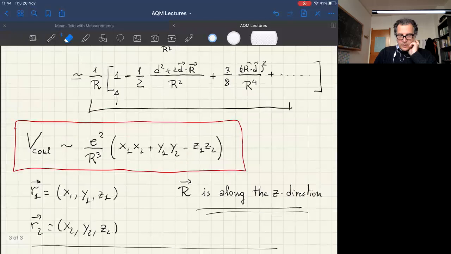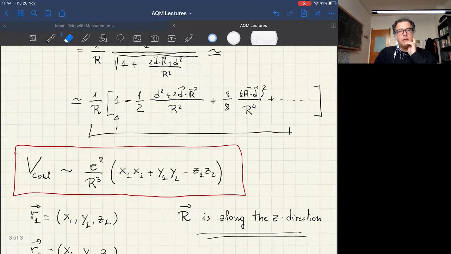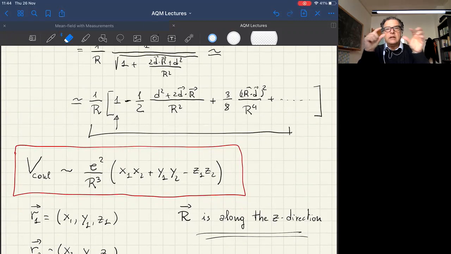Our problem is that we want to study the effective interaction between 2 hydrogen atoms. So here we don't have static charges. It's not that the electron is in a given position. But you know something else. You know that each electron is localized around the nucleus.